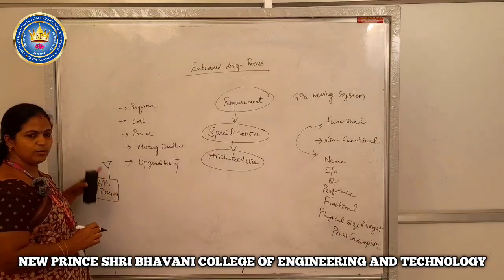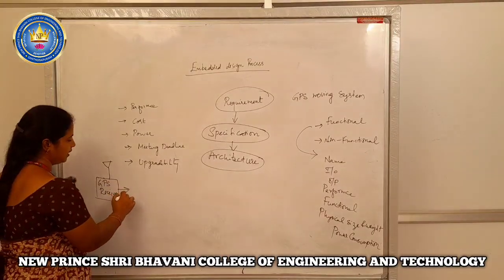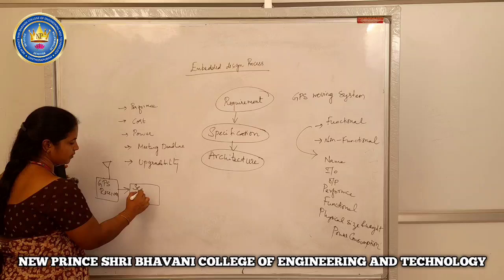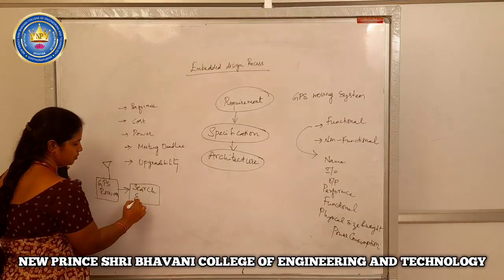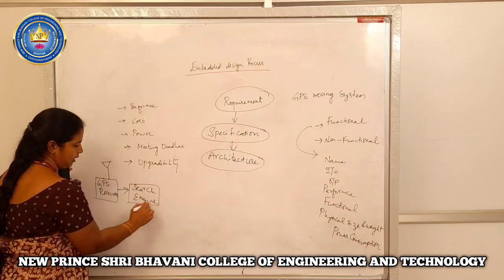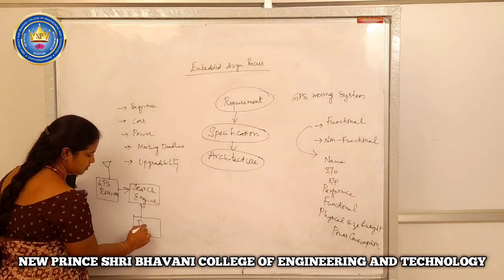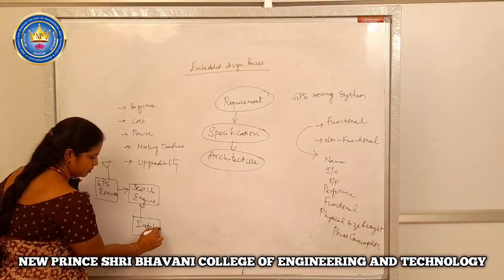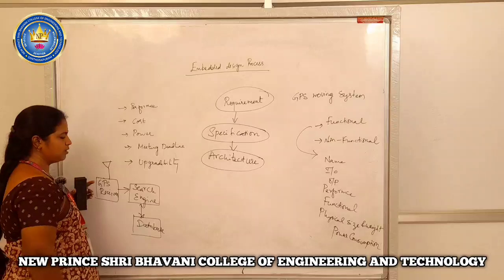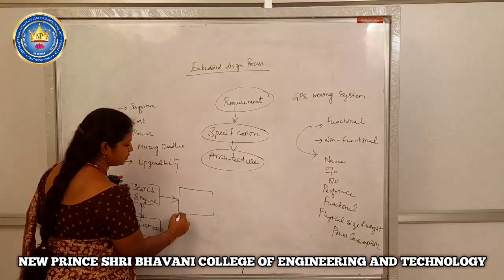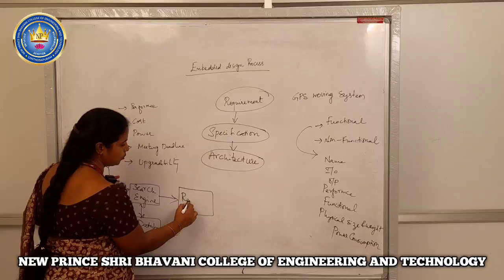Then the signal which is received from the GPS receiver, I am going to give it to my search engine. And the search engine is going to be connected with a database. And from that search engine I am going to connect the signal to a renderer.